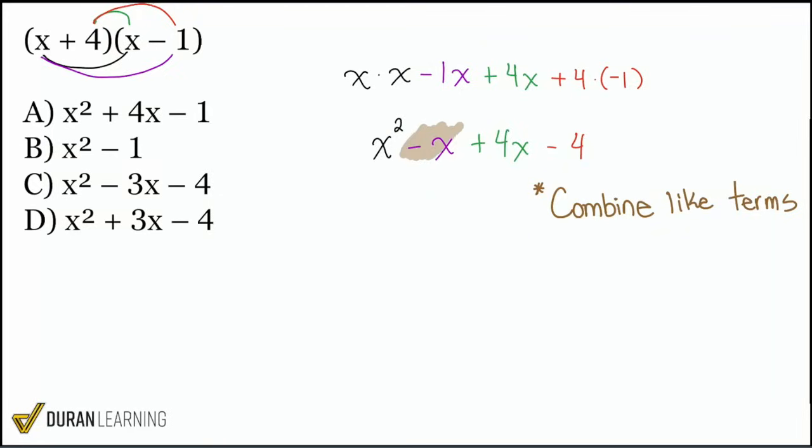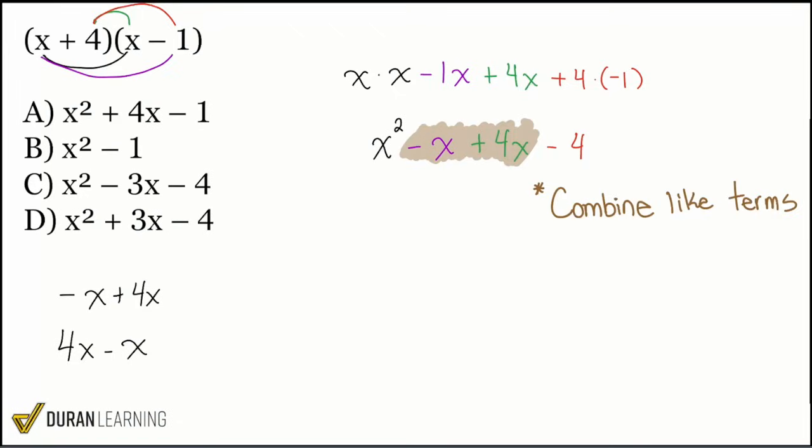I'm going to highlight both of them together to help us really understand that because they have the same variables and the same exponents, a 1 on the top, which you can't see at the moment, these are the like terms. So to combine these, we can treat this as a -x plus 4x, which is the same thing as writing 4x minus x. Again, you can swap them out. 1 plus 2 is the same as 2 plus 1. Just make sure to bring the sign with you.